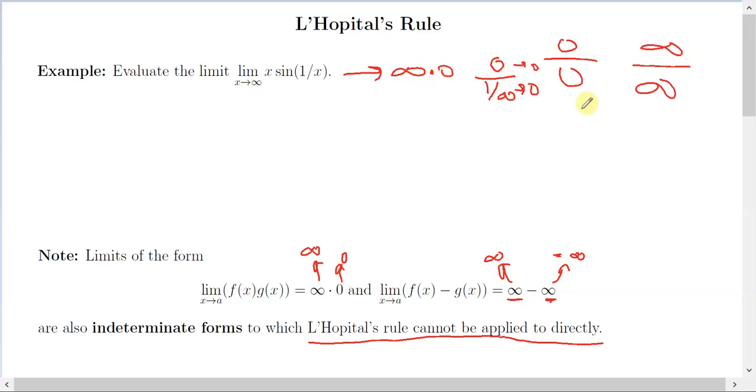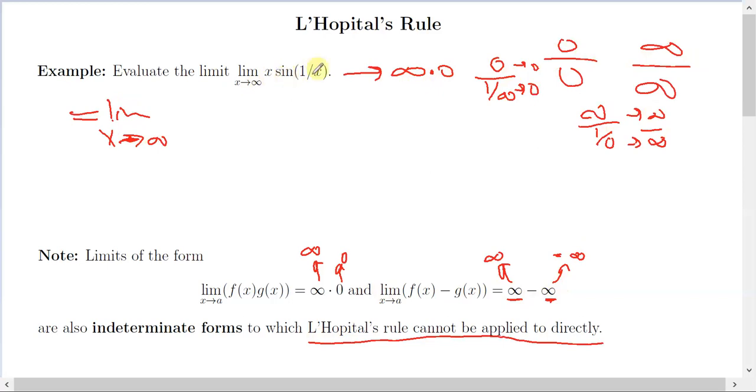Or I can flip the 0 over. I've got this infinity. If I flip the thing that's giving me 0 over, that's infinity. But remember, this is going to infinity. So I can convert it to either of these forms very easily by flipping one of these over into the denominator. So this is going to be the limit as x approaches infinity. Well, you flip the one that's easiest. I don't want to flip 1 over sine. I want to flip x.